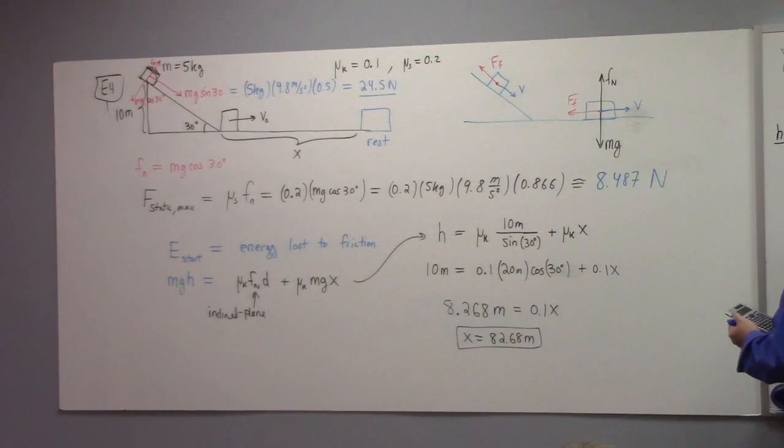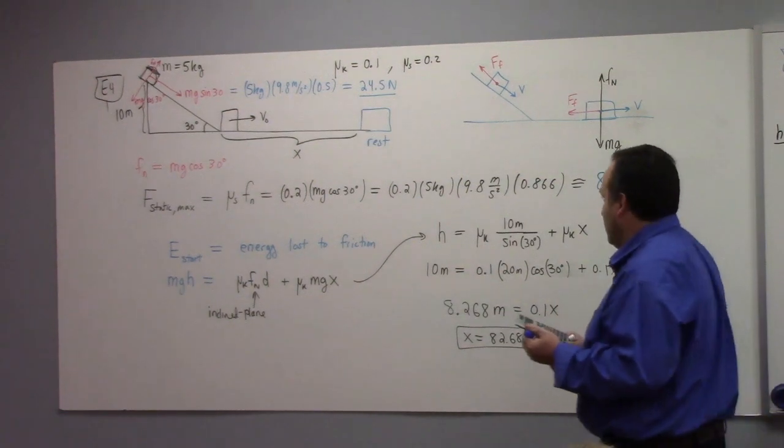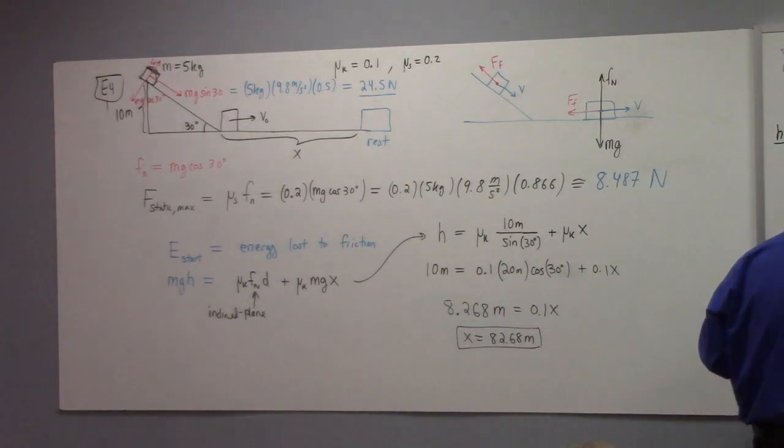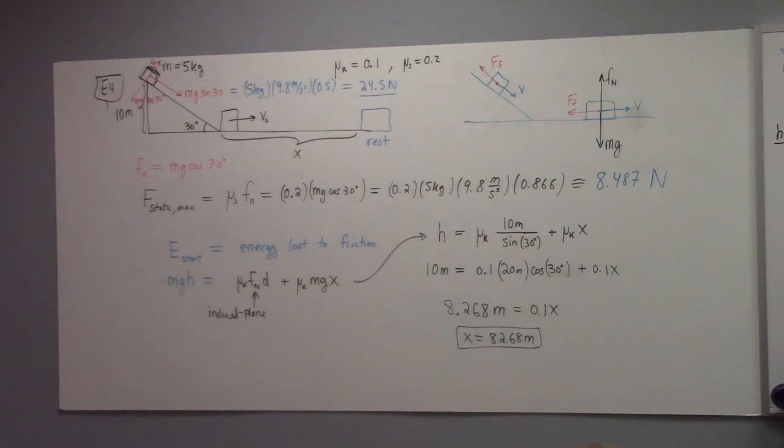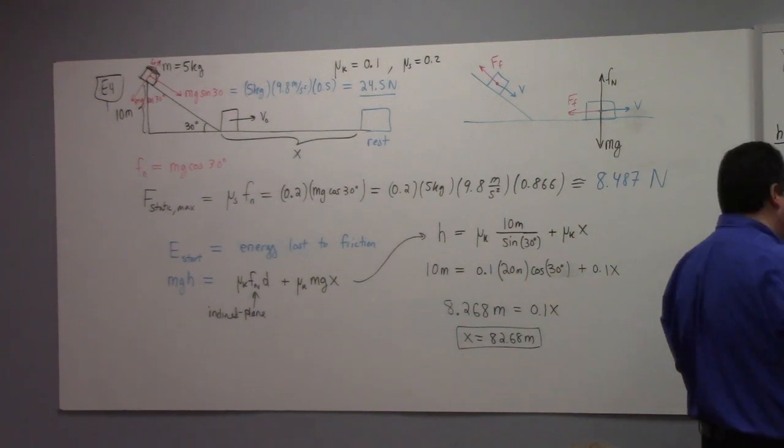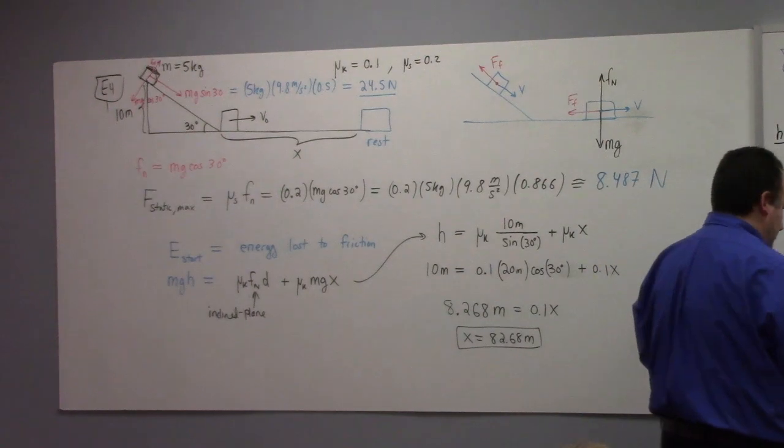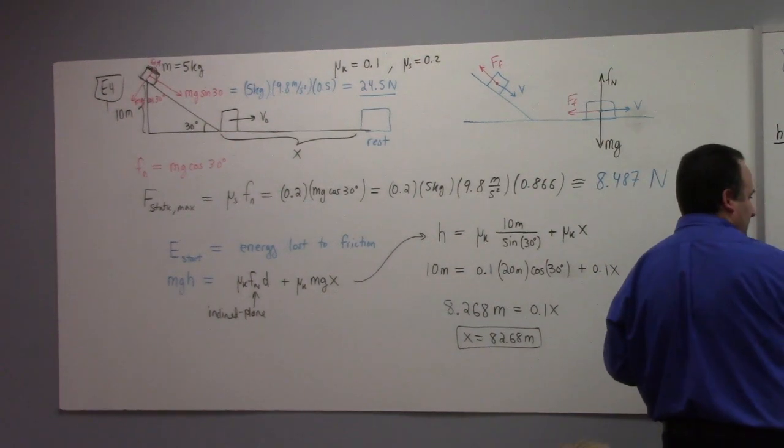The work done by friction, right? So it should be equal to 82.68 meters times the force of friction. What was the force of friction on the flat? Well, that's easy. It's 0.1 times the mg, right? This is the force of friction on the flat part. And that's meters, not mass.